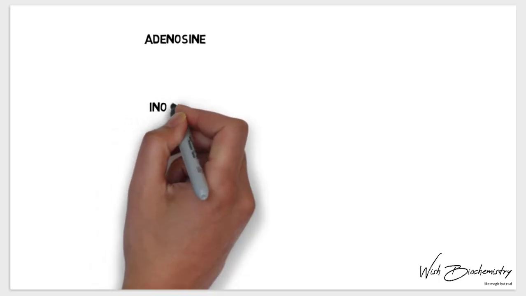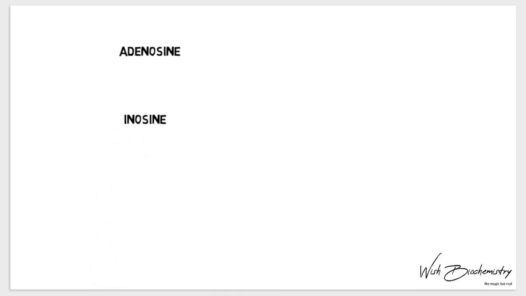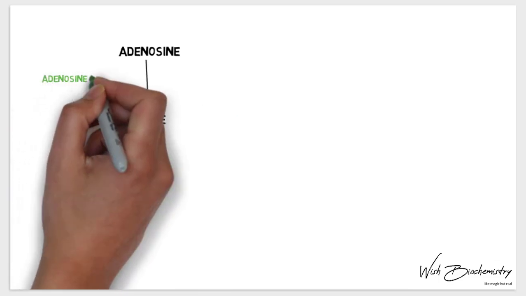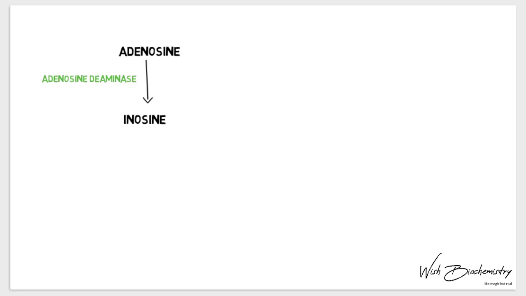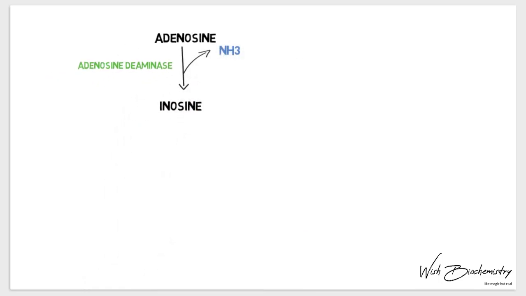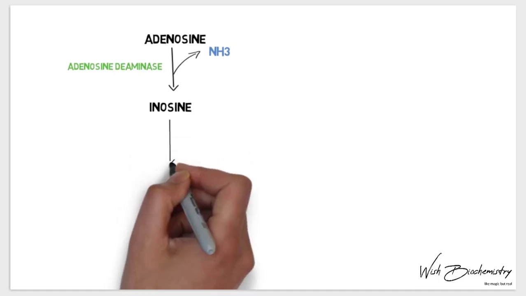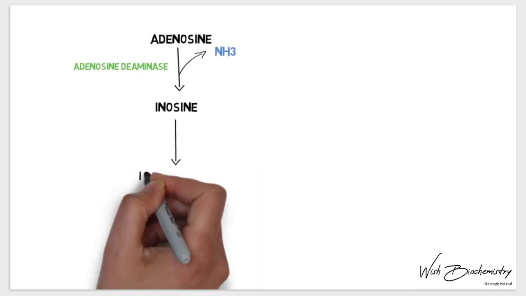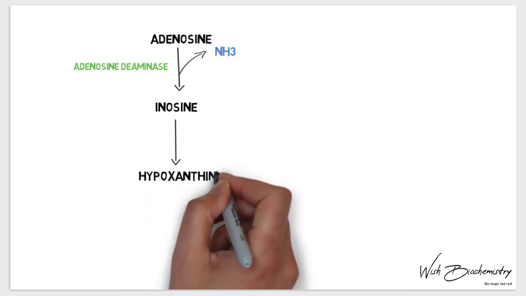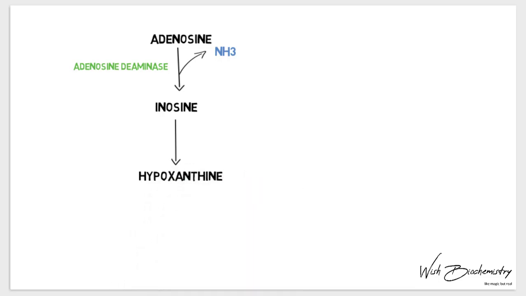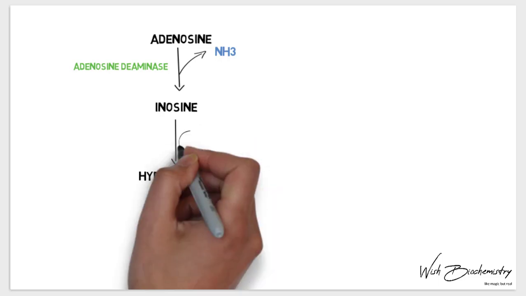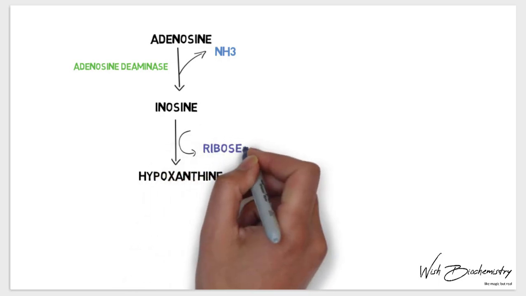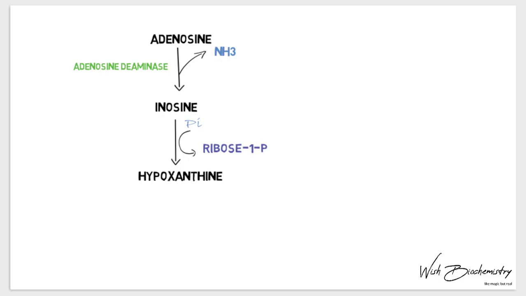The nucleoside adenosine is converted to inosine by the enzyme adenosine deaminase. This deaminase removes ammonia from the adenosine, forming the inosine. The inosine is converted into hypoxanthine, after removal of the sugar group, the ribose 1-phosphate, and the enzyme is Purine Nucleoside Phosphorylase.